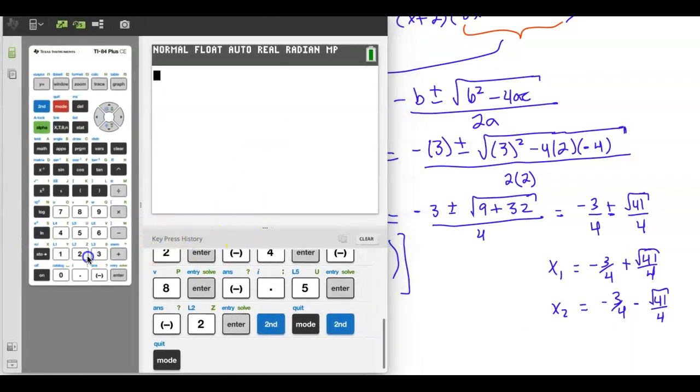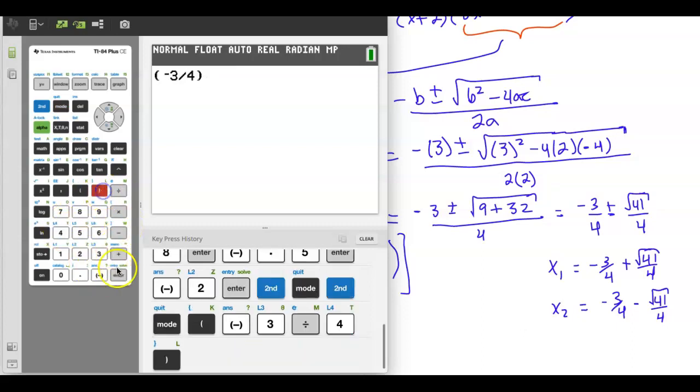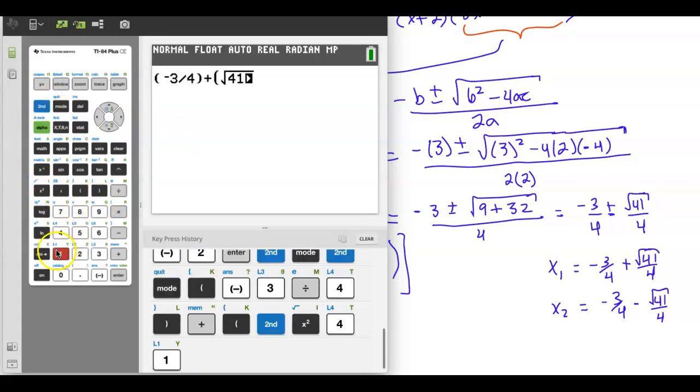And all I'm going to do is parentheses, negative 3 divided by 4, and then this will be plus parentheses, and again, I'm doing this just to separate. Don't necessarily need the parentheses for all of these. Square root of 41. And then I'm going to take that and divide it by 4.